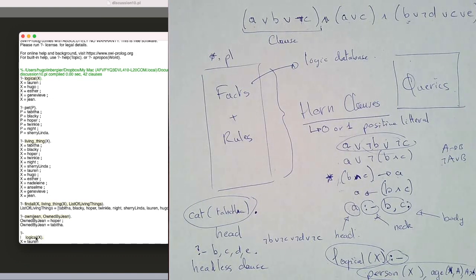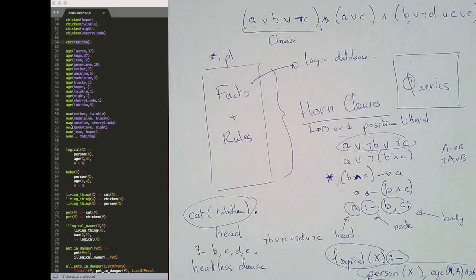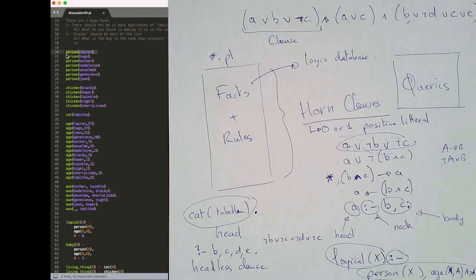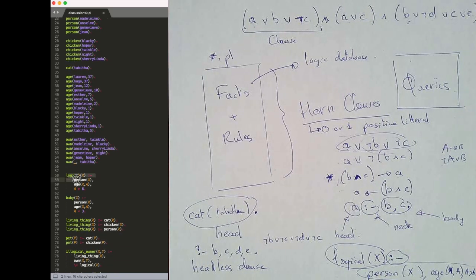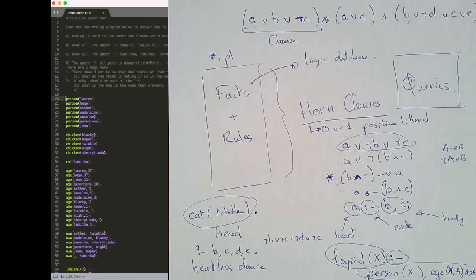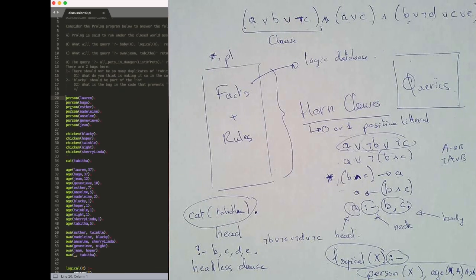The way it's going to work is that Prolog is immediately going to look in the database, like an index database. It's just going to go Horn clause by Horn clause, facts and rules, checking each one. And it's going to take the first one that has a predicate logical.